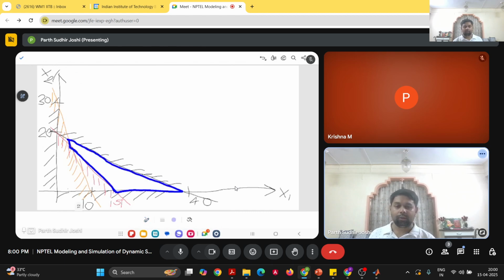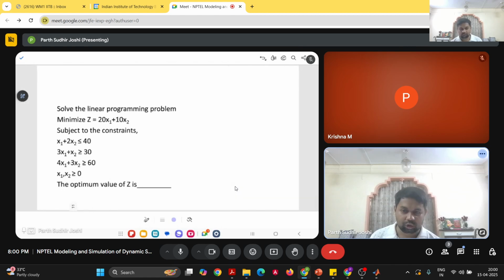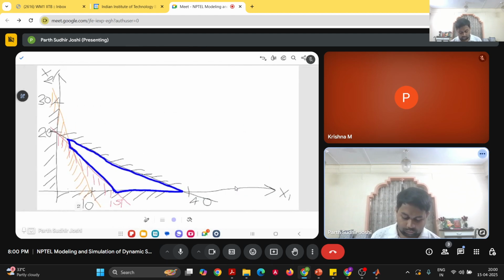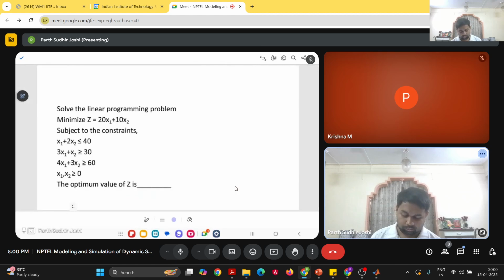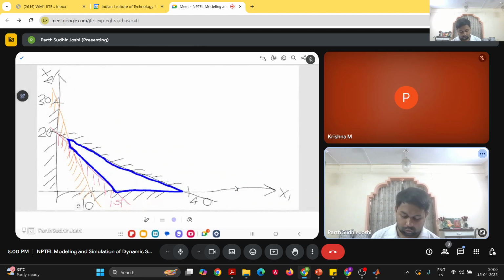So for that, we need to find out. Generally, the optimum solution will lie at the corner points. That's what we generally say. So let us try to find out the objective function value for each corner point.